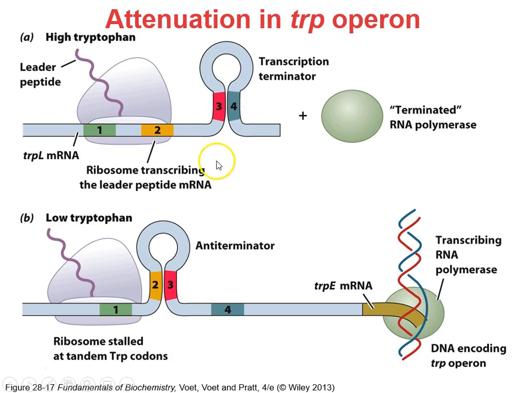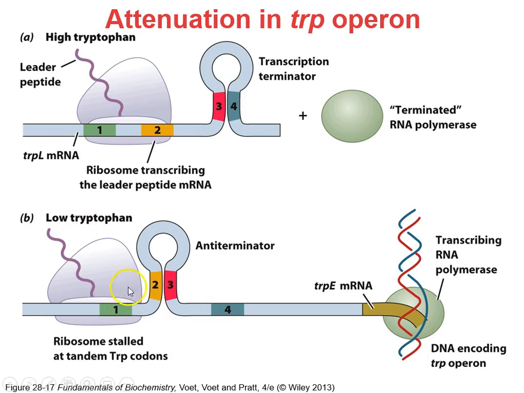So here's a cartoon of what that looks like. Here in high tryptophan situations, here's my ribosome. I've gone through region 1. I can do that because I have the tryptophan to do that. But now the transcription terminator forms, and then the RNA polymerase dissociates from the messenger RNA, and transcription is terminated.